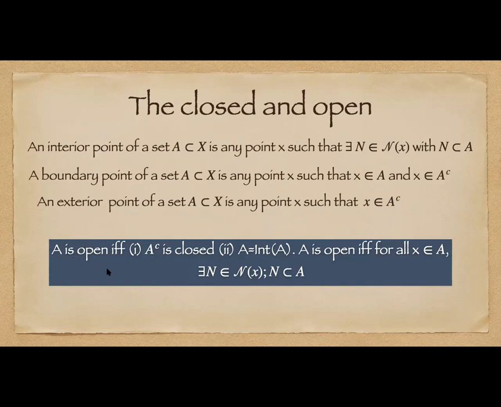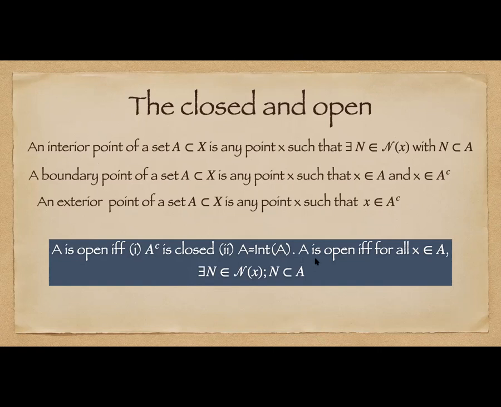Now we have the definition of open set. A set A is open if and only if A complement is closed, or in other words, the set A is equal to the collection of its interior elements. So A is equal to interior A is the definition of an open set.